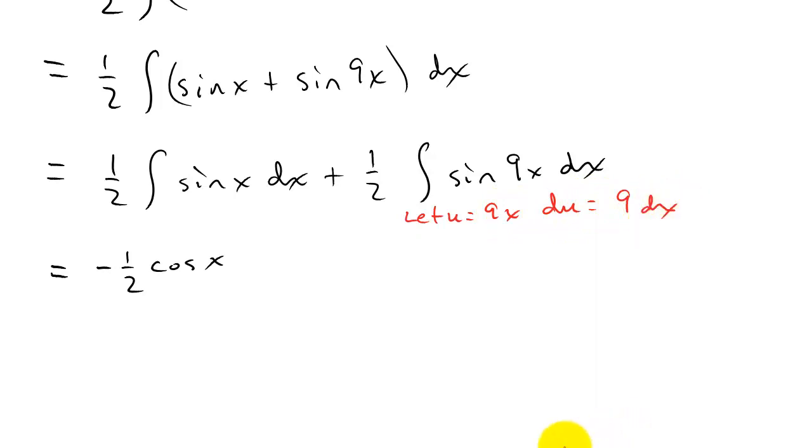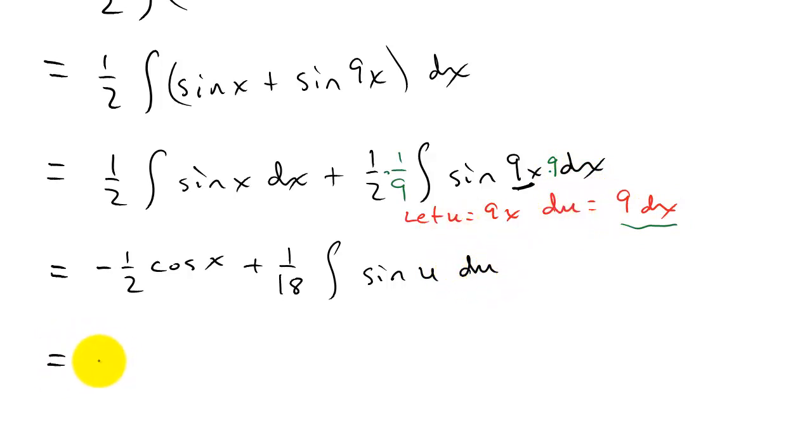Now, if you notice here, in my integral all I have is a dx, so I need to multiply the dx times 9. And if I multiply by 9, I have to come out here and multiply by 1 over 9. That's the same thing as multiplying by 1. And so this is going to be plus 1 over 18 sine u. I plugged u in for 9x here, and for the 9 dx, I'm going to put du.